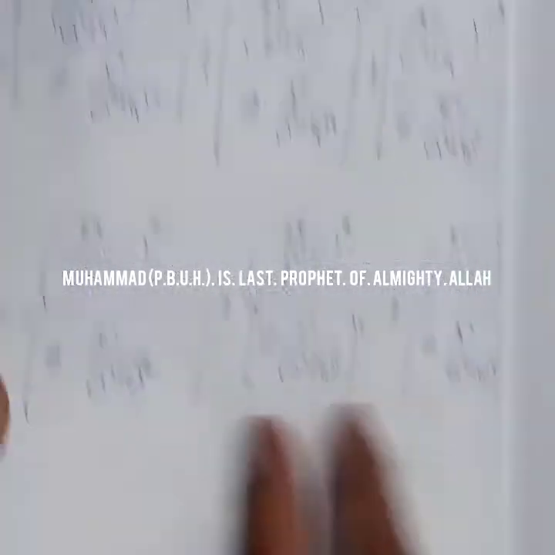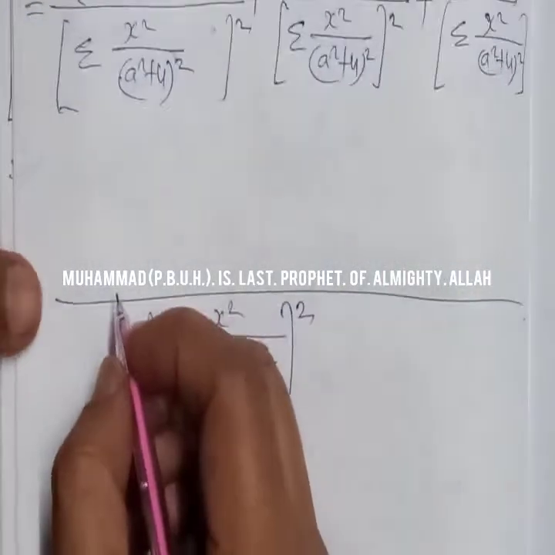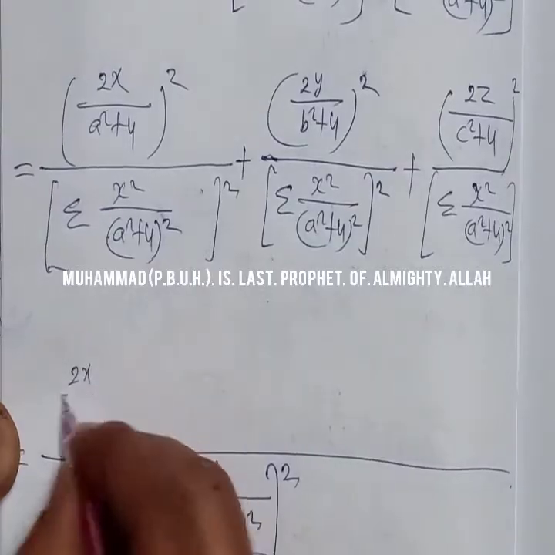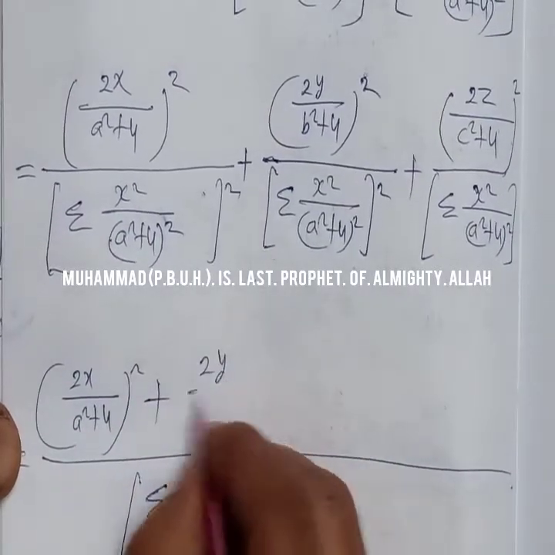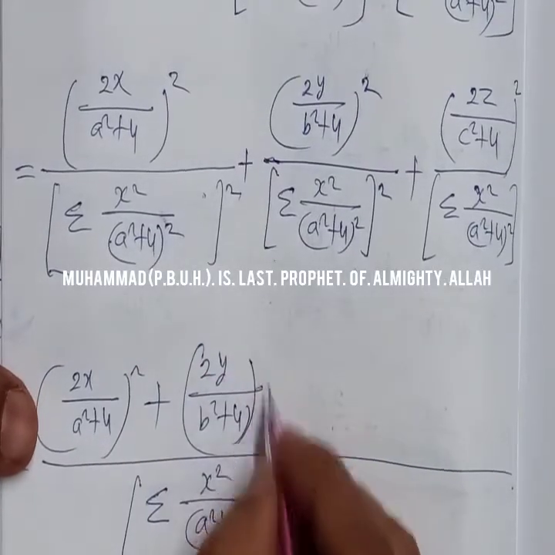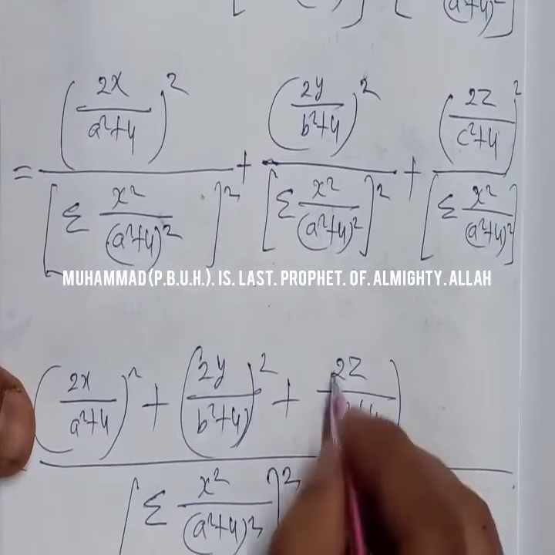Since these are equal, write this directly. So write this value first, which is 2x upon a square plus u whole of square plus 2y upon b square plus u whole of square plus 2z upon c square plus u whole of square.